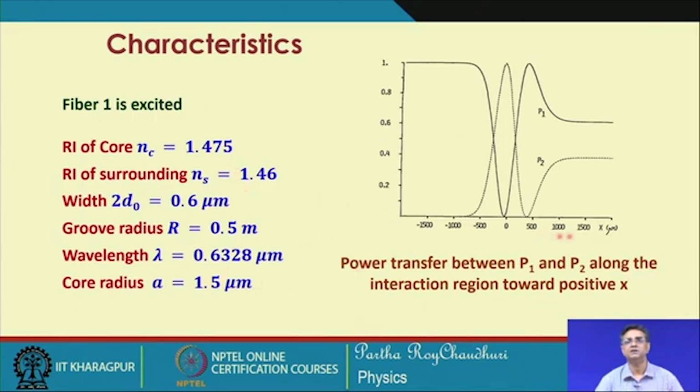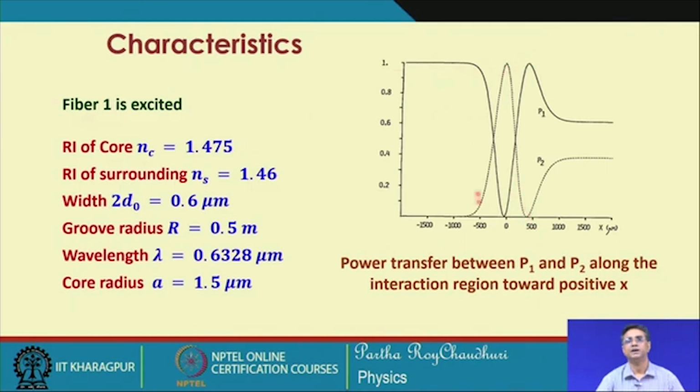Then this is the typical power transfer characteristics between P1 and P2. So, initially you have maximum power P1, then it comes to 0. At that time the maximum power at P2 is this, which is the complete transfer of power point, and then again it falls to 0, it takes over to P1.